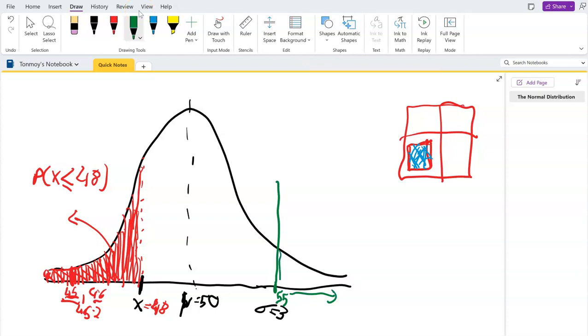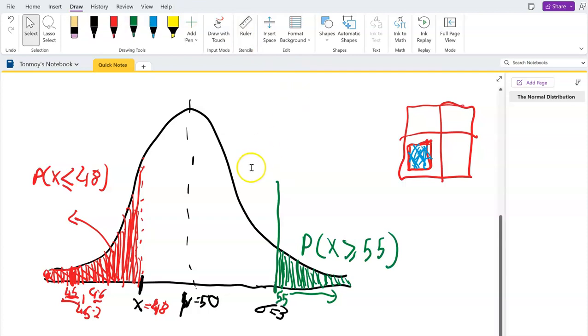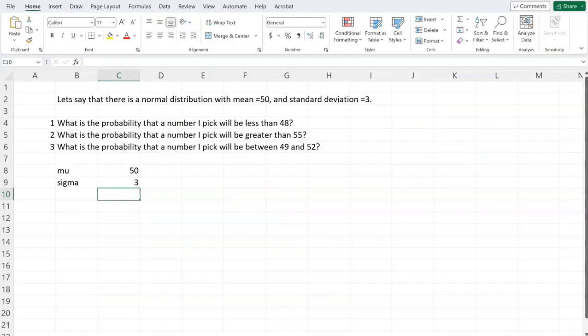So the probability would be the sum of all these lines that we have. So this region is going to be the probability that x is greater than 55. And then if I were to find something in between, the next probability is, what is the probability that a number I pick is between 49 and 52?